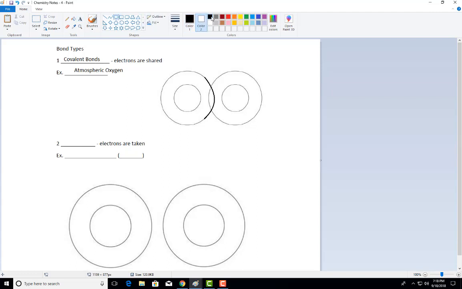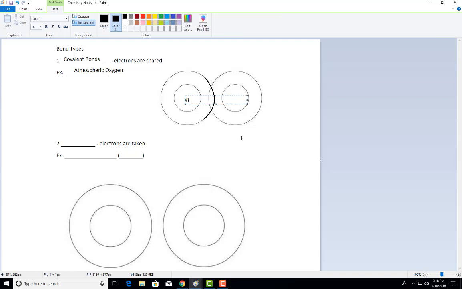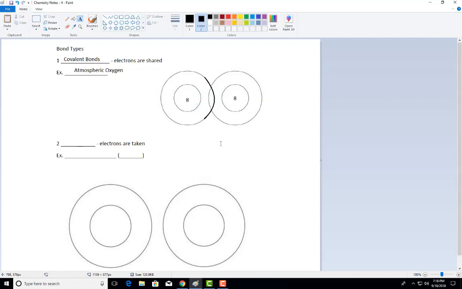So let me change these colors here, and let's put the electrons where they're going to go. Okay, we said we had 8. This one also has 8. If it had 10, it would have a full outer shell, but it's got 8, so it's going to be missing 2. So let's look and see where these are going to go. Okay, just like before, we have 1 here. Let's refill that in.